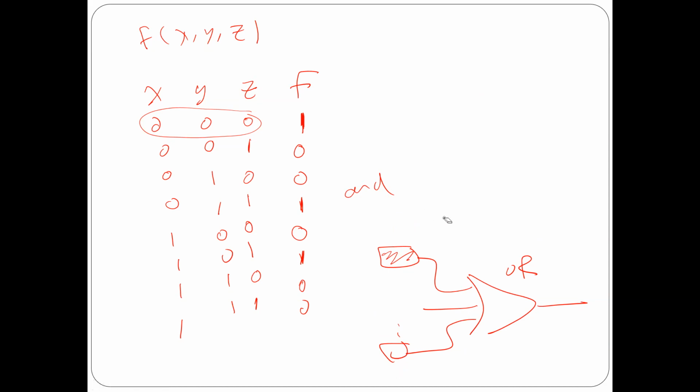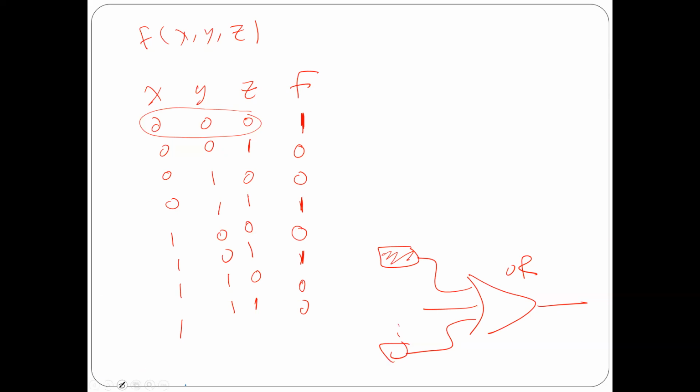Anyway, the question is, given this truth table, how can I get f this way? I'm going to tell you how. Number one, in this case, I'm going to work on the ones, not zeros. I don't care about zeros. I'm going to work only on ones. Look here at how many ones I have.